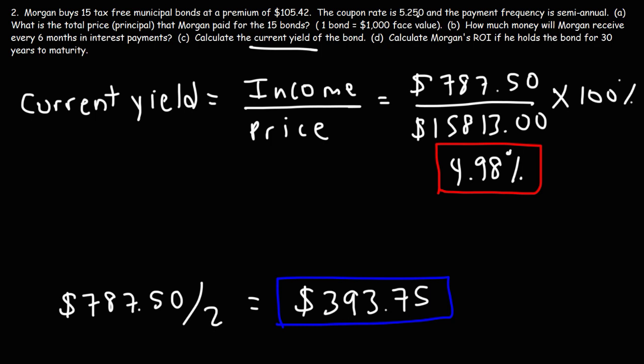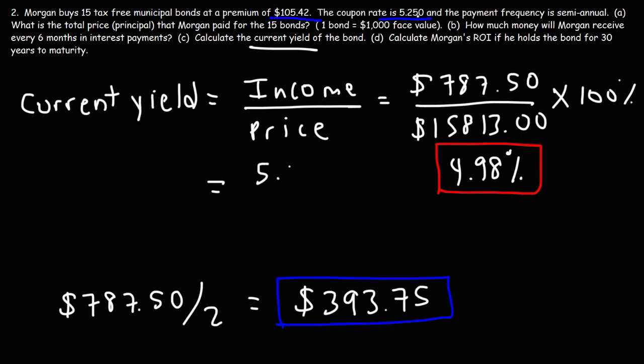Now, another way in which you can get the same answer, rather a much easier way, is to take the coupon rate, which is basically the interest payments with respect to the bond at its original price. So you take the coupon rate and divide it by the current price of the bond.